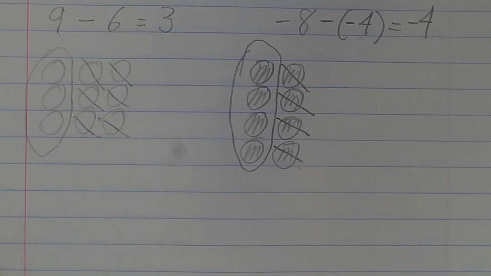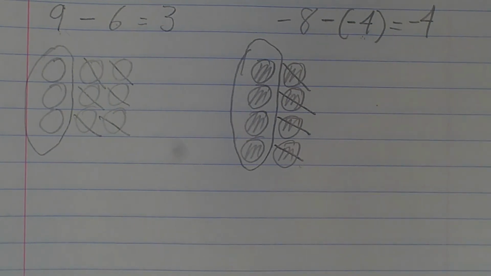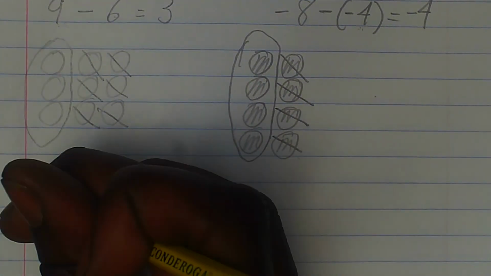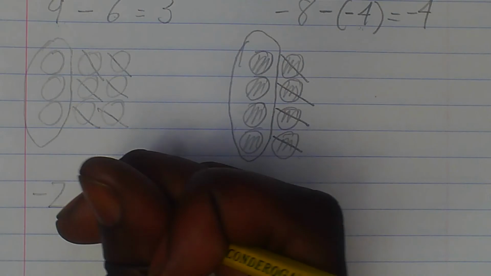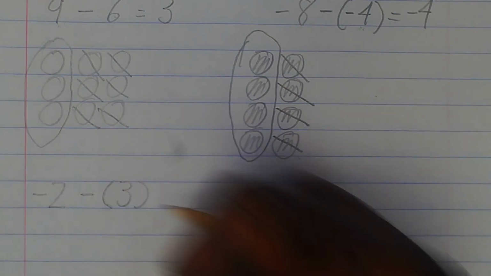Now we're going to do a different type of problem here, dealing with negative and positive integers. All right. So let's say we have the following, a -2, and we're subtracting +3.